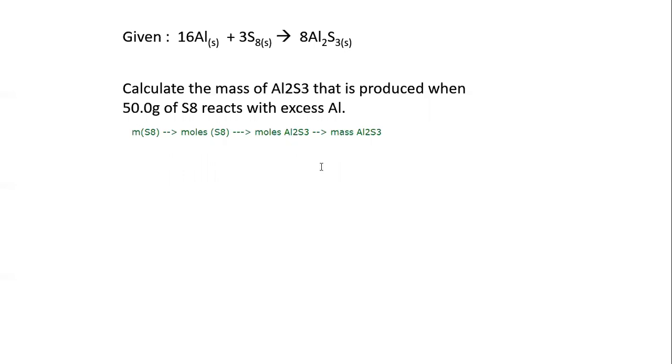So before we begin, I'm going to go ahead and calculate our molar masses. So for sulfur, and we'll do the same thing for aluminum sulfide.